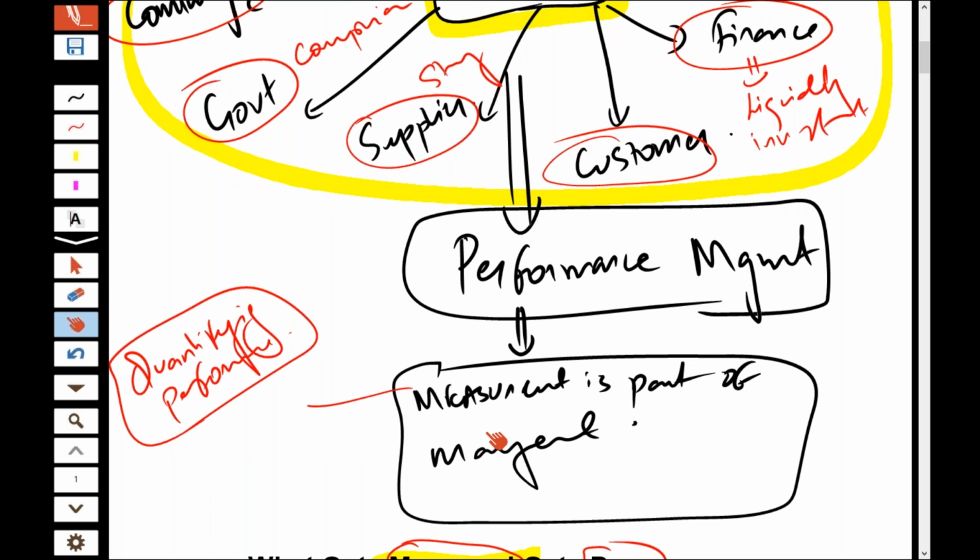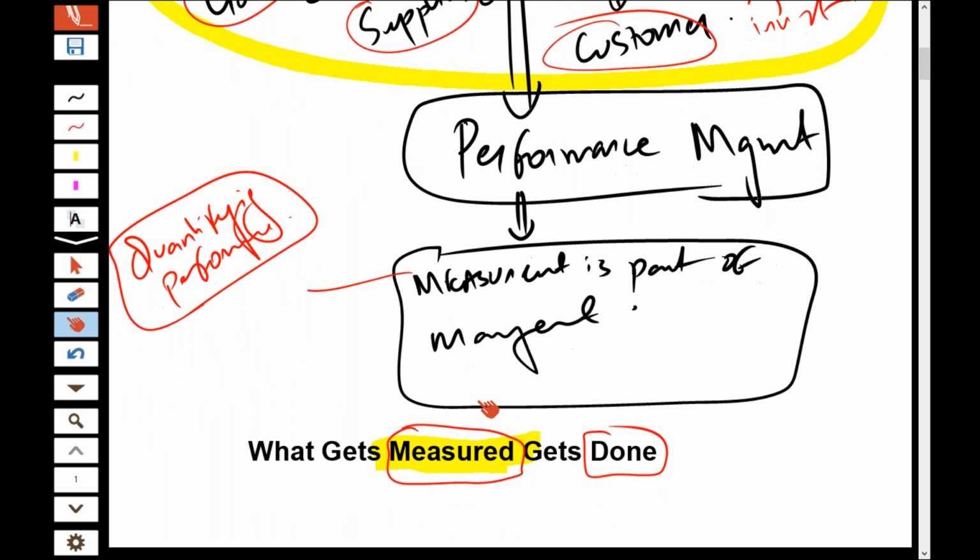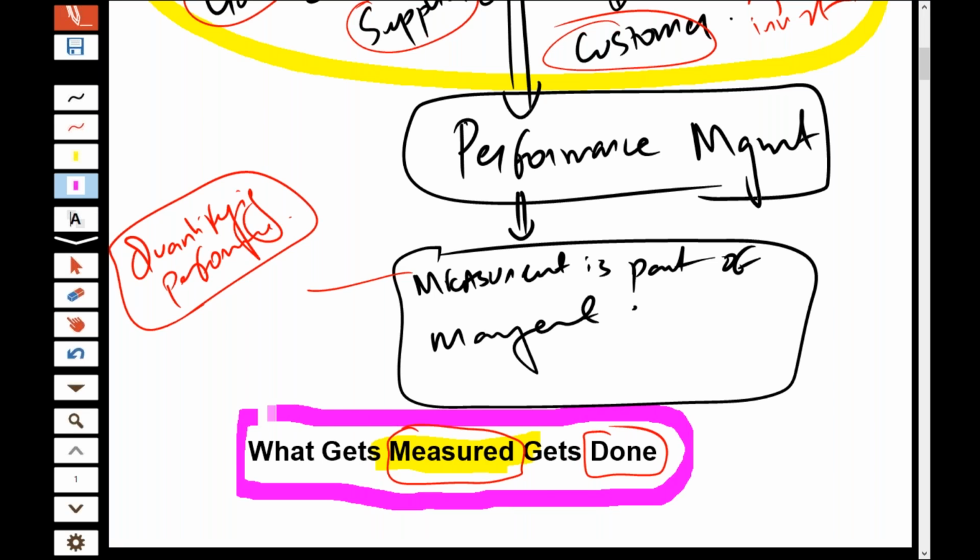So ultimately, measurement means quantifying performance. How would you quantify the performance? We're going to discuss that. So measurement actually means quantifying the performance. It's assigning a value to the performance of the organization. And why do we assign a value to the organization's performance? Because of this very important phrase: what gets measured gets done.